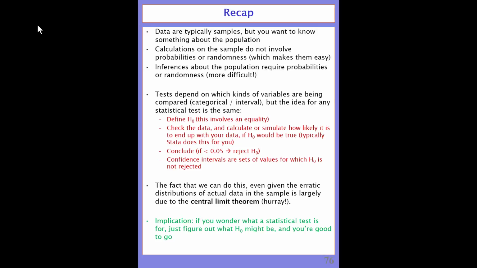H0 says it's equal to 0.5, it's equal to 1.5, this one is equal to that. We can try to figure out what the distribution should look like in the end, and then see if we have weird outcomes. The alternative hypothesis is typically defined as not H0.